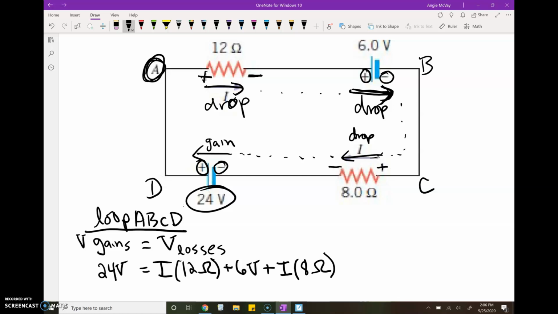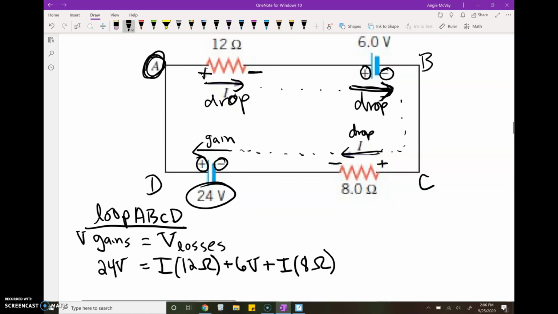All right, so now we've got an algebraic equation where this is how much potential is put in, and all of this on the right hand side is what was lost. And so we're solving for I here. So we get 24 volts minus 6 volts is 18 volts, equals, on the right hand side, I times 12 plus I times 8.